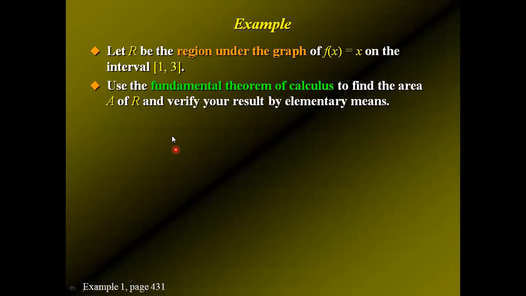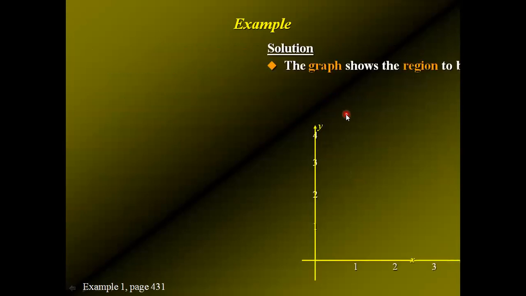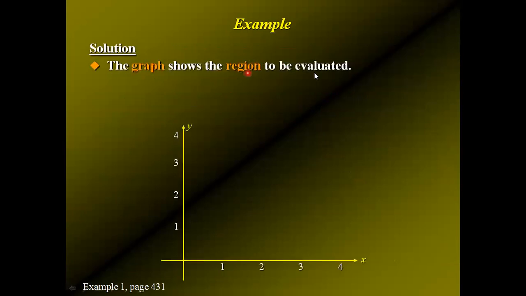Example: let R be the region under the curve f(x) equals x on the interval [1, 3], and use the fundamental theorem of calculus to find the area A(R) and verify your result by elementary means. Suppose the graph shows the region being evaluated. This is the x-axis and this is the y-axis, and this is y equals f(x) equals x, the curve passing through the origin.